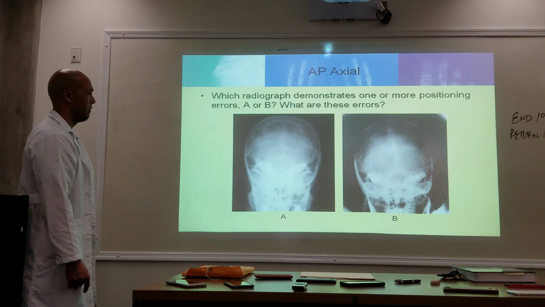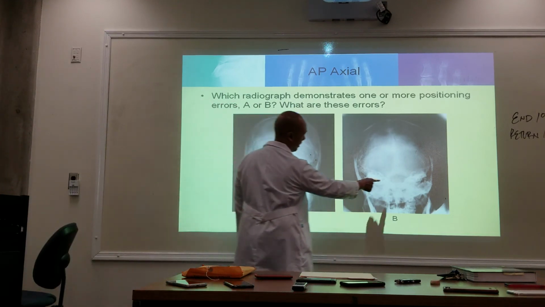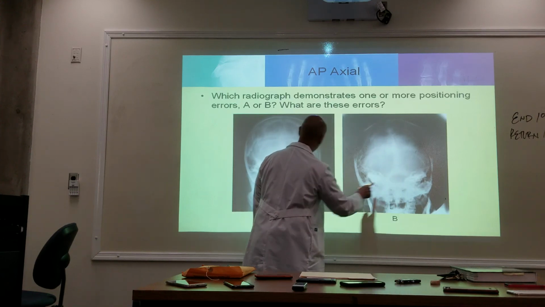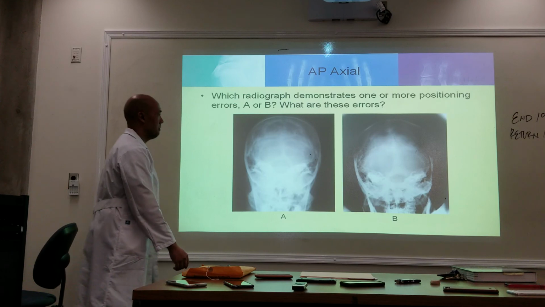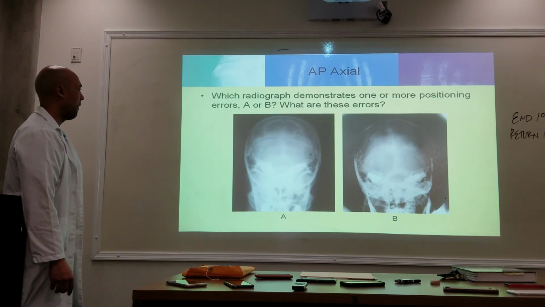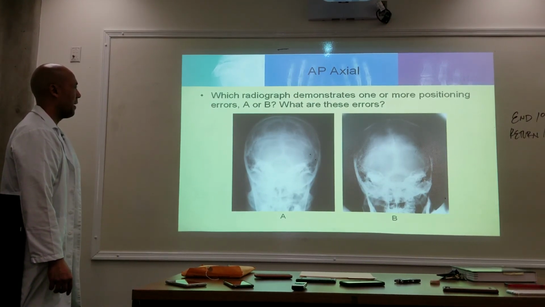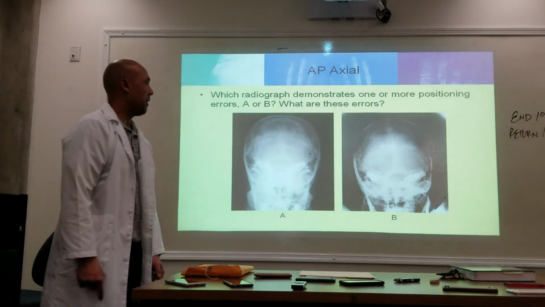Position-wise, they're both good because you've got the dorsum sellae right in the middle of the foramen magnum. You can see it right here, right in the middle of the foramen magnum. Doesn't the skull look more straight position on B than on A? It's a little like wings. Oh, I call them those ridges. They're more tilted on A.